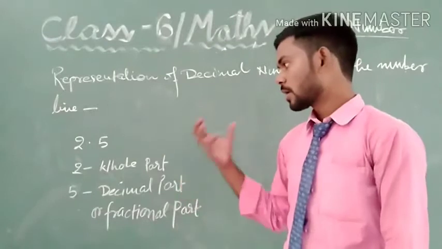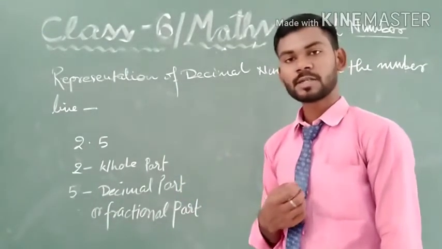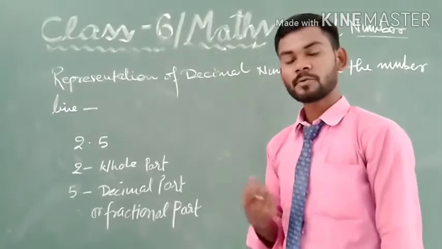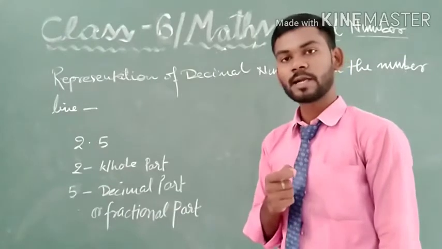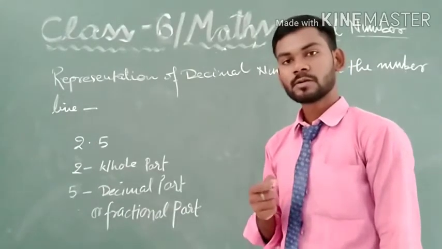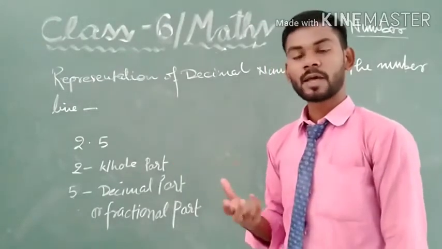Whenever we represent a decimal number on the number line, our first step is to compare that number. Comparison gives the idea between which two numbers the decimal number will vary.